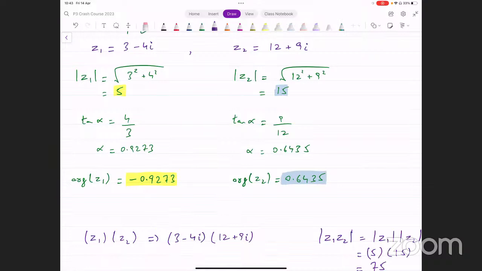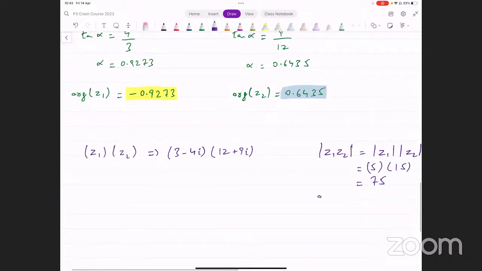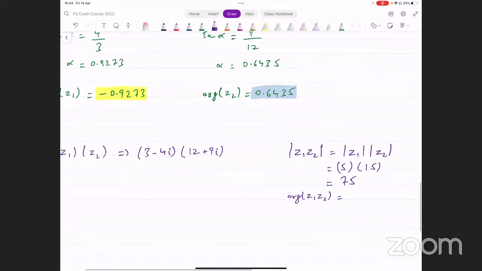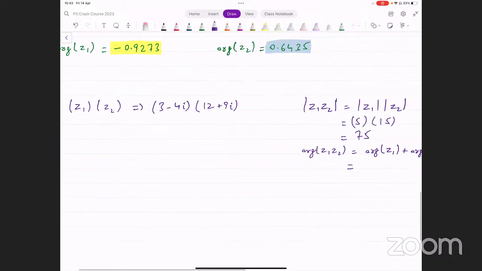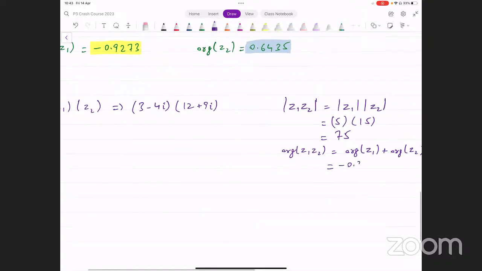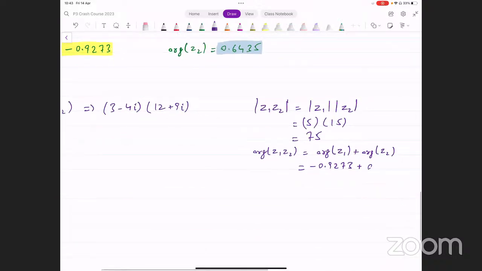And what about the argument? We have this rule for that as well. Argument of Z1 into Z2, what is that equal to? This should be equal to argument of Z1 plus argument of Z2, right? What's the argument of Z1? Argument of Z1 is minus 0.9273. Argument of Z2, that is 0.6435.